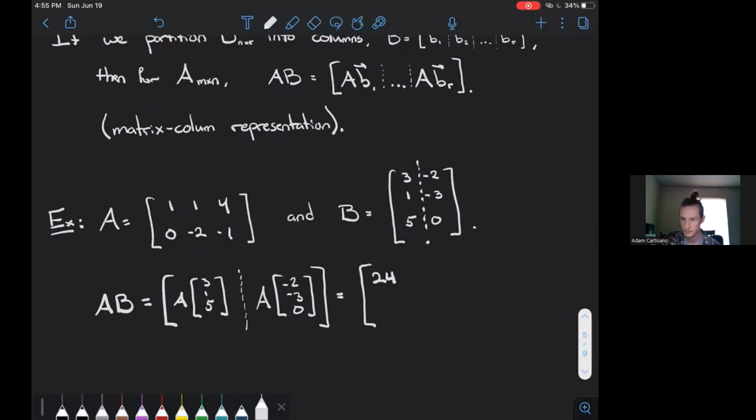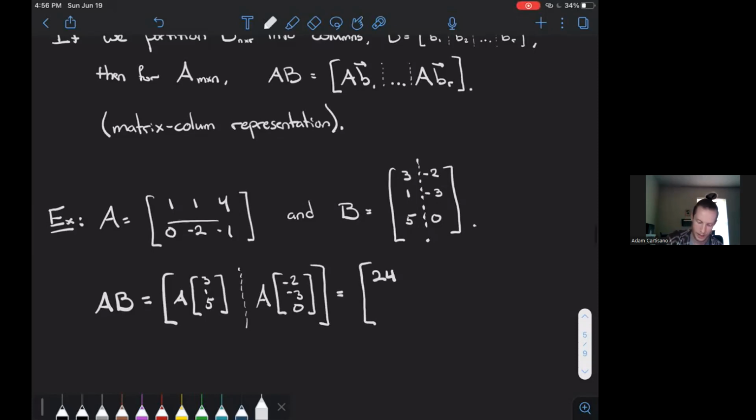And then the second dot product is 3, 1, 5 dot with the second row of A, which is 0 plus -2 plus -5, so -7. This dotted line is the same as this dotted line.